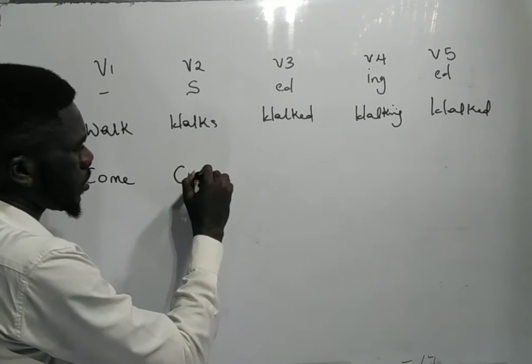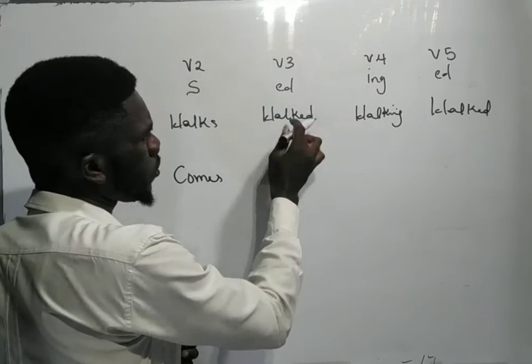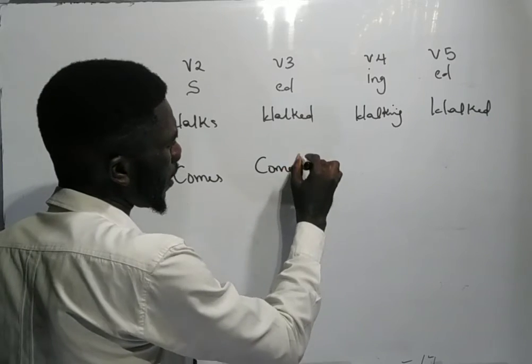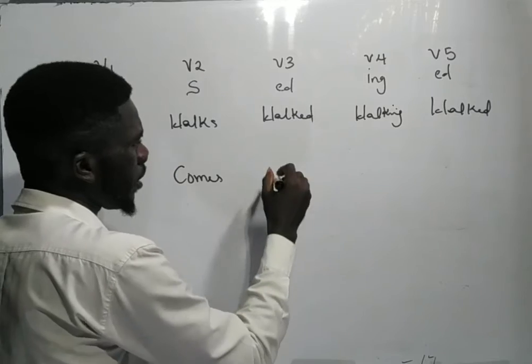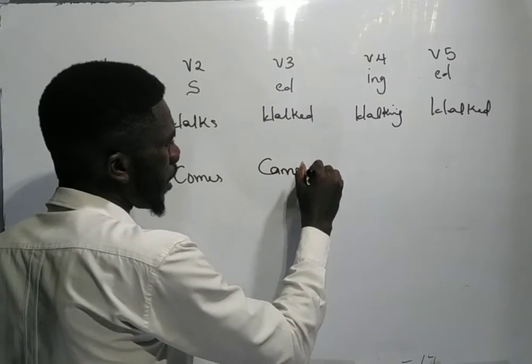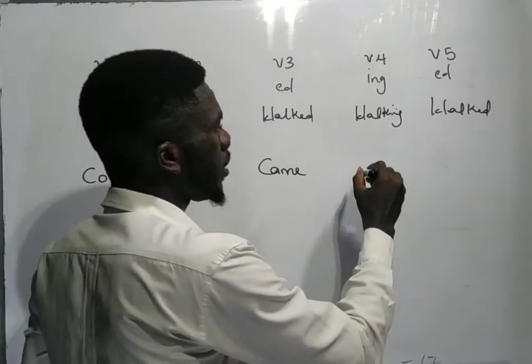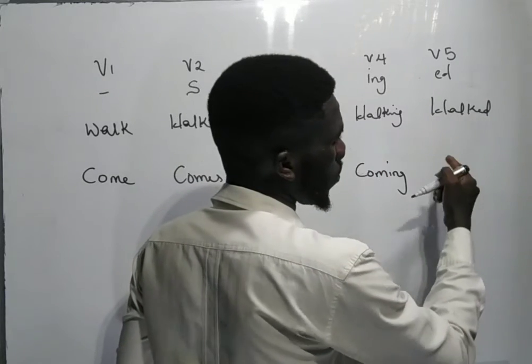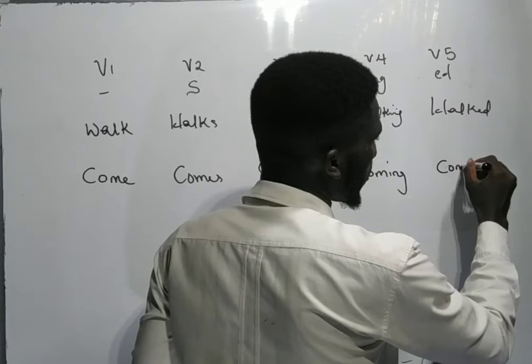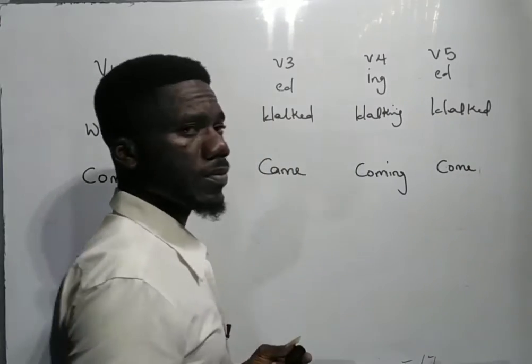Here you have comes, right? Here you don't have anything like this. No, it will refuse to take this ed. Over here, come will become came. That is the simple past tense form of it. Here you have coming, and here what appears, it returns to come.